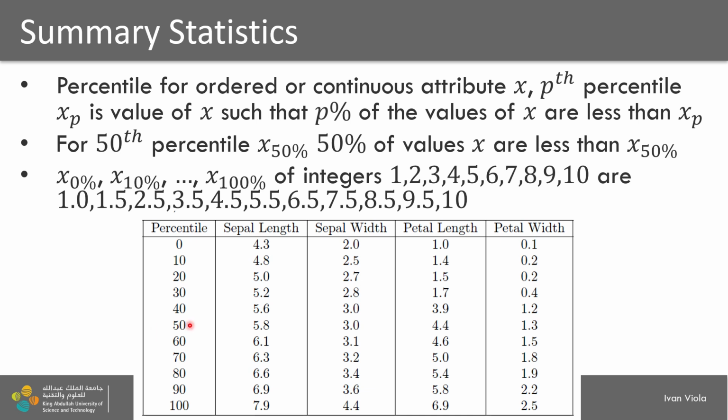Meaning that if we are looking here, we will find out that for sepal length, 5.8 is a length where 50% of all the iris plants will have a sepal length which is smaller than 5.8.